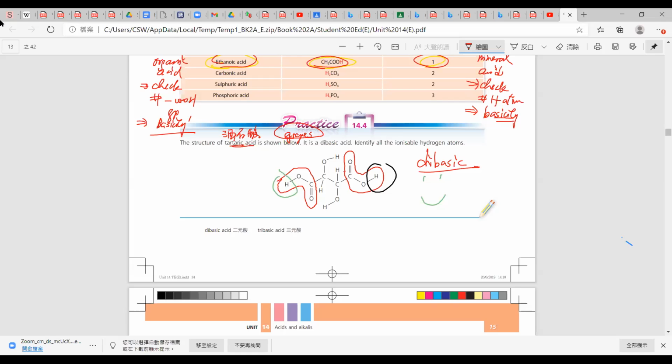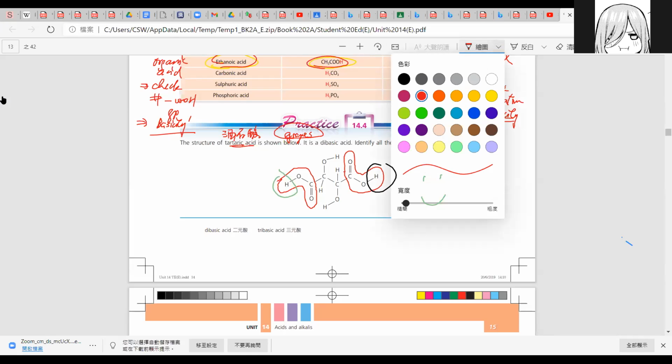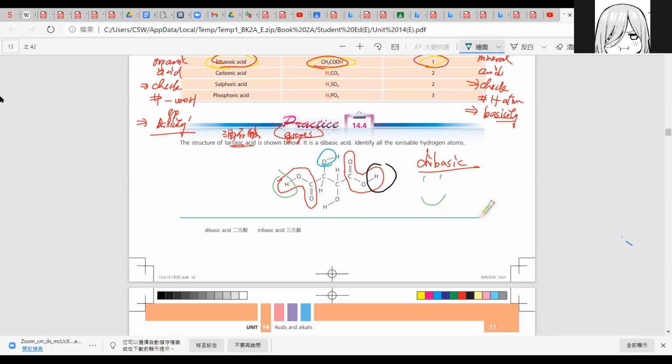How about the other OH? The OH here is not a carboxyl group. It belongs to another type of functional group, and you will know it in organic chemistry. What I mean is that these two are not carboxyl groups. We call that a hydroxy group. If you find it, it is a type of alcohol. So whenever you see it, it is alcohol.